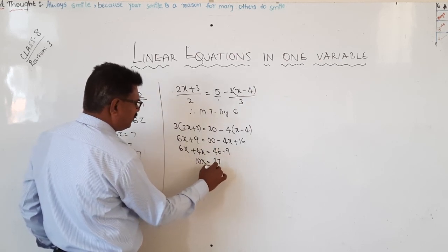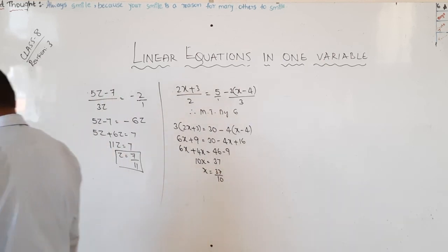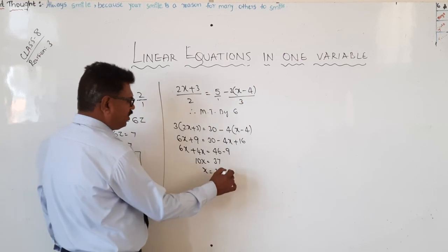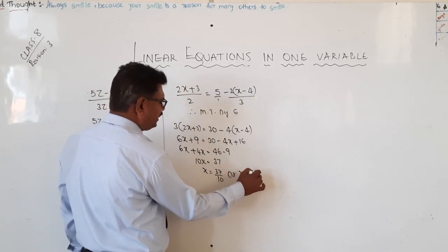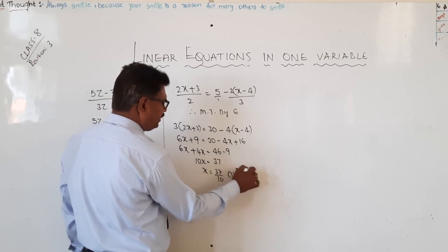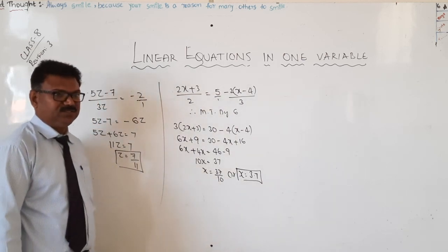Therefore x equal to 37 divided by 10. Yes, you can write like this, or x is equal to 3.7. Okay?